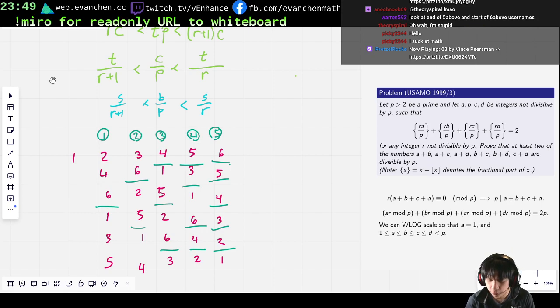And the claim is you can only do that using the 5 column. And if not, what goes wrong?